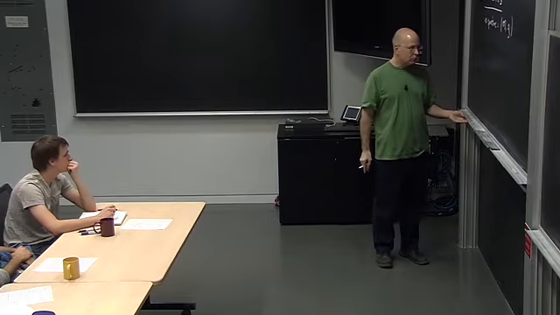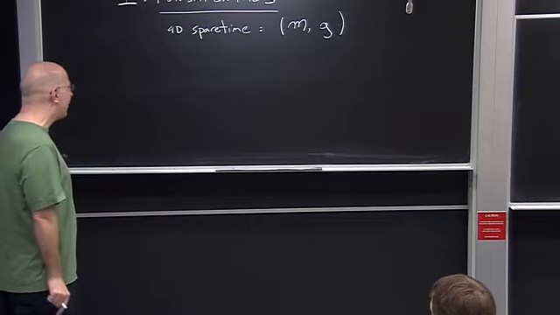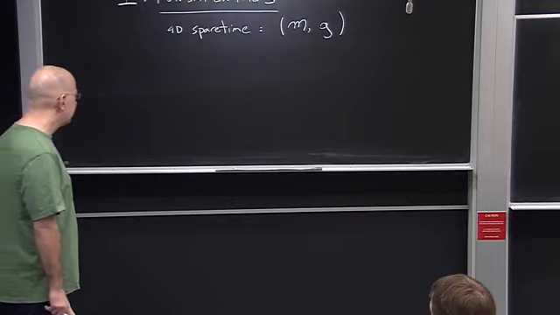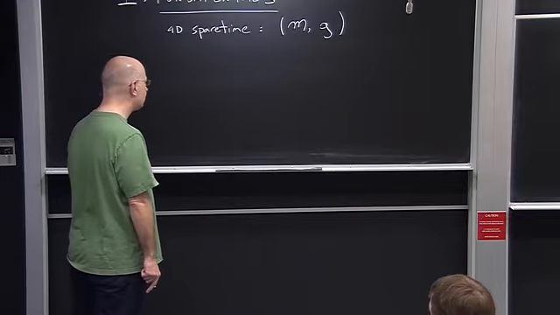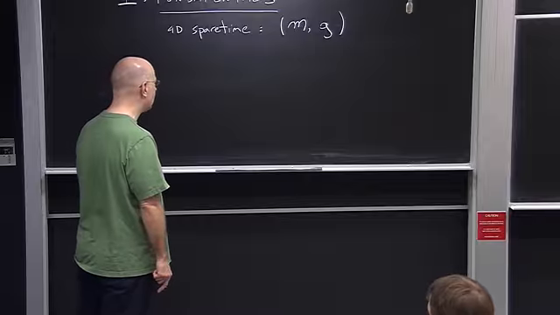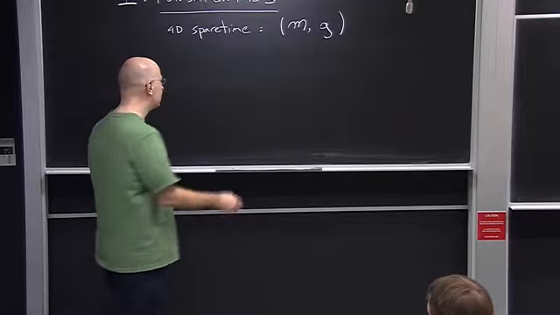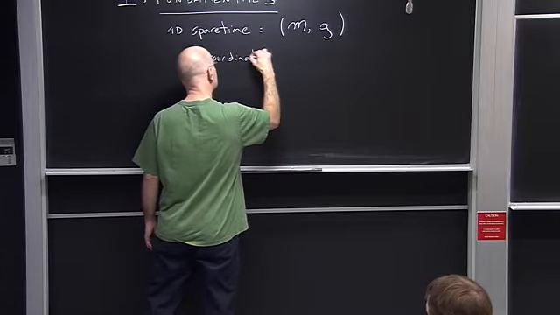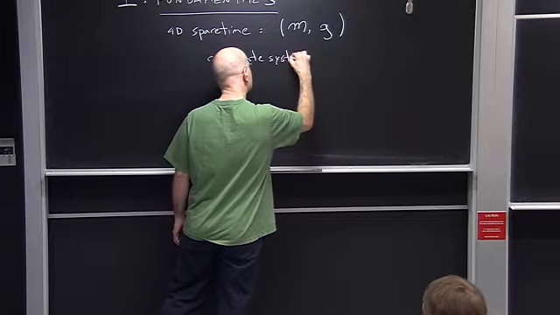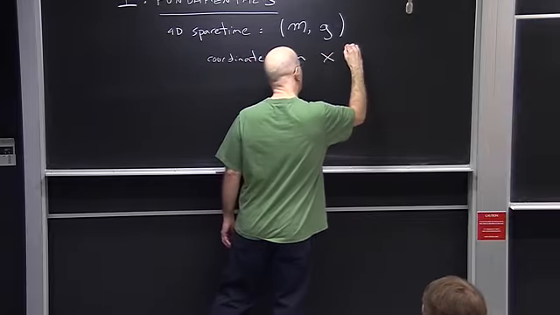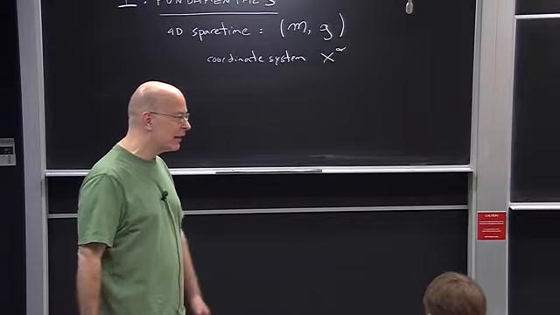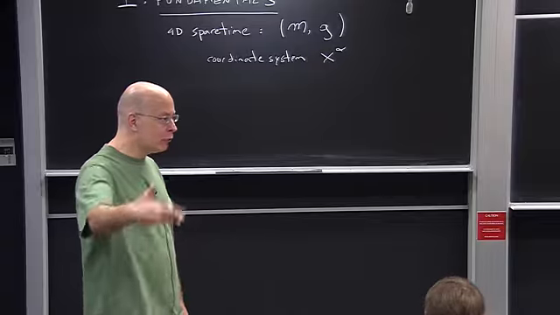Okay, so what do we have when we have a manifold and a metric on it? Well, typically, we have a coordinate system, x^α. Alpha is the usual Greek index that runs from 0 to 1 to 2 to 3.